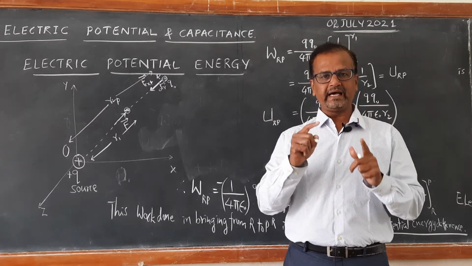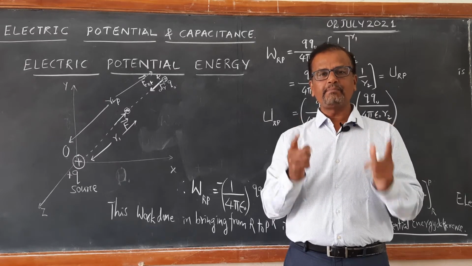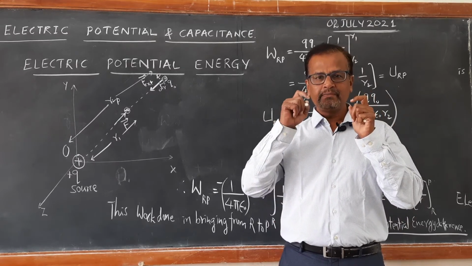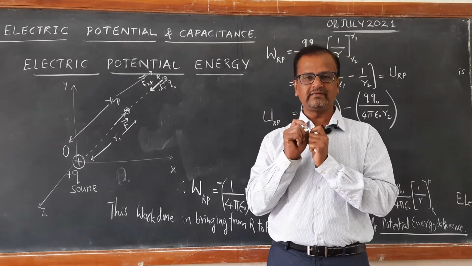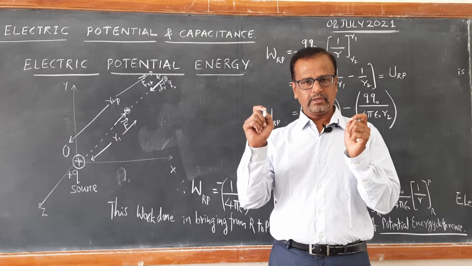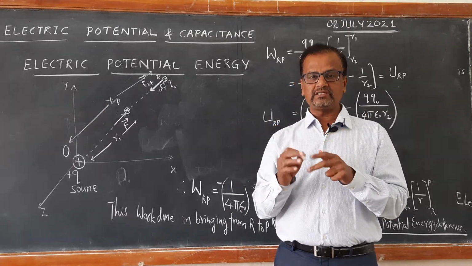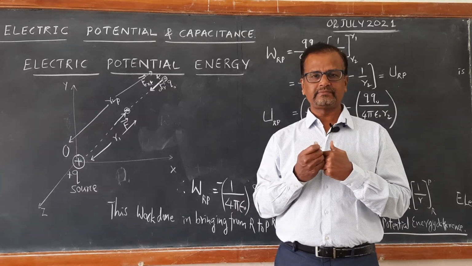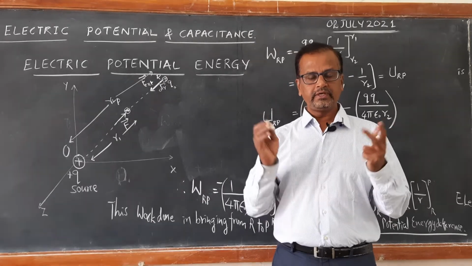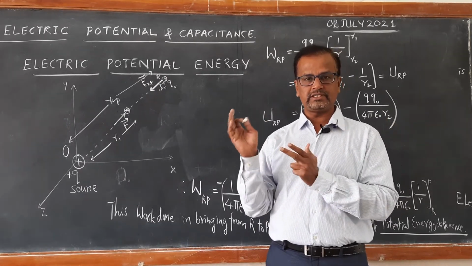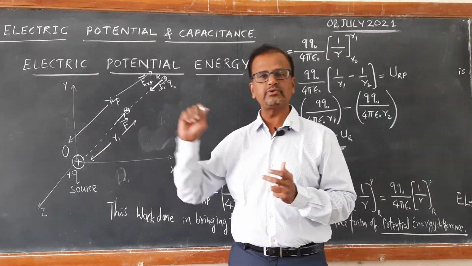So, in the case of electrostatic interaction between the charges, the potential energy is positive when there is a force of repulsion between the charges, that is when the charges are like charges. If the charges are unlike charges, like the source charge is negative and the test charge is positive, then there is a force of attraction towards the source charge.